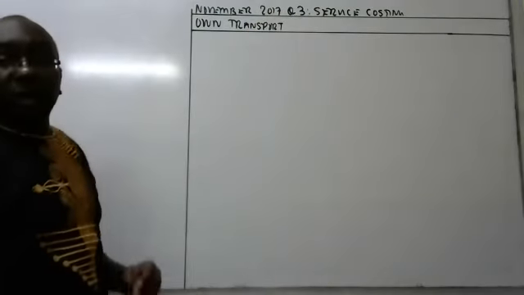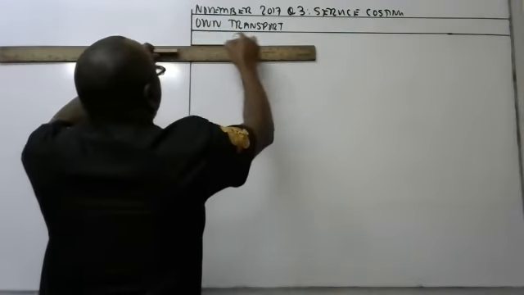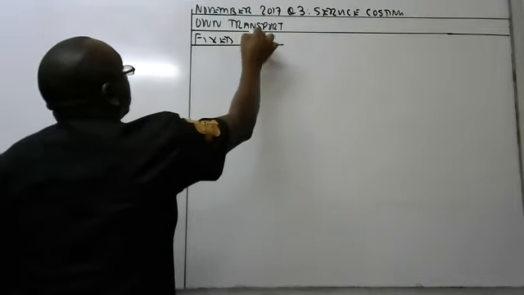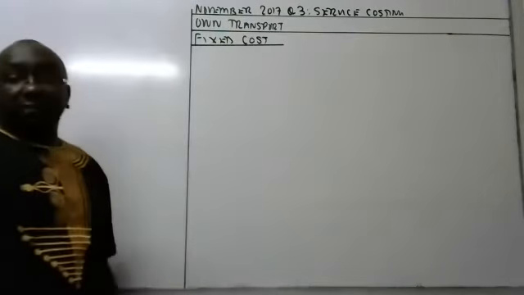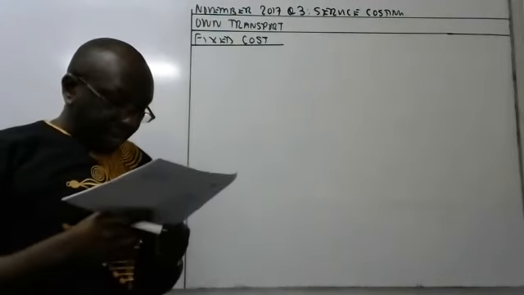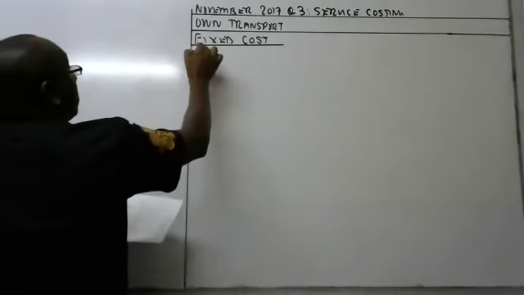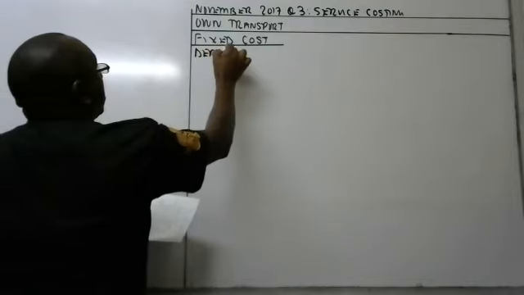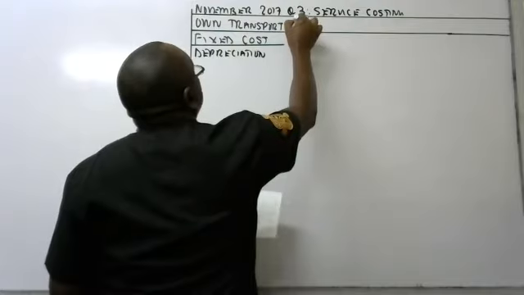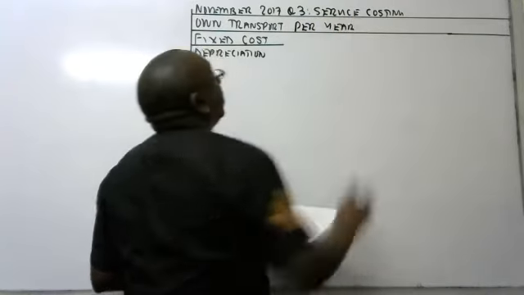And I told you when you are in service costing, the first thing is to classify costs. So we have the fixed costs. The fixed cost that we shall have is, first of all, depreciation. And maybe we need to specify own transport per year. We are working per year.